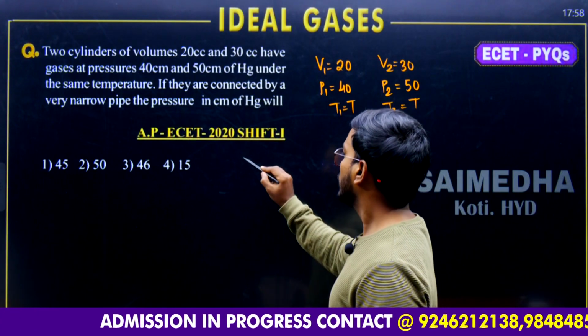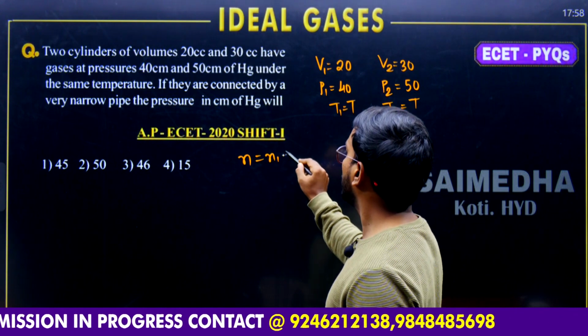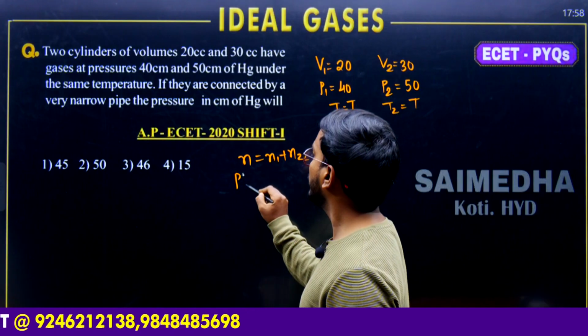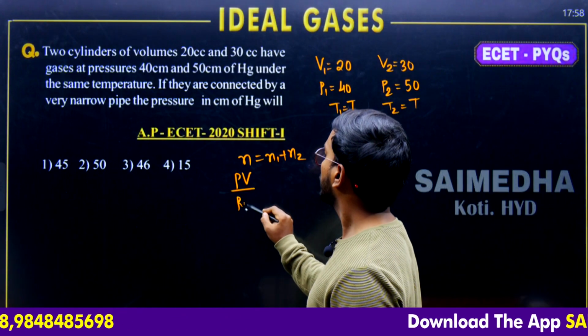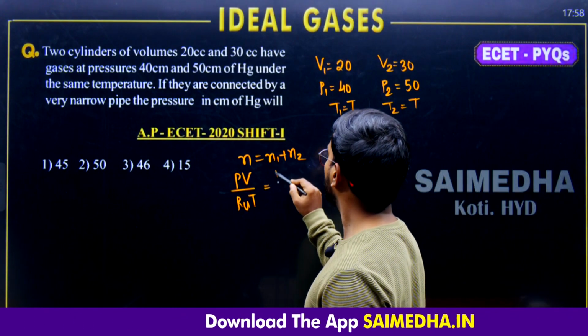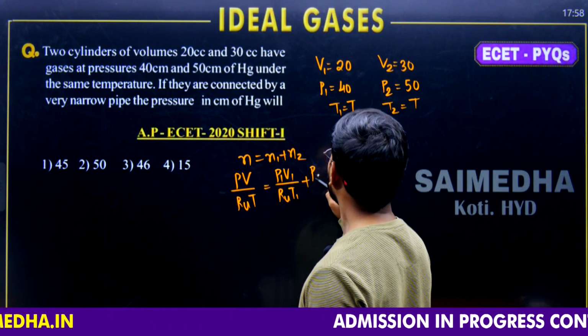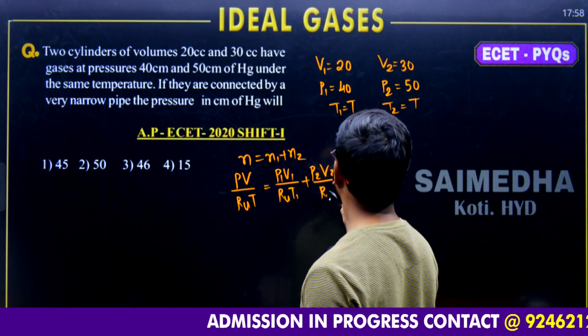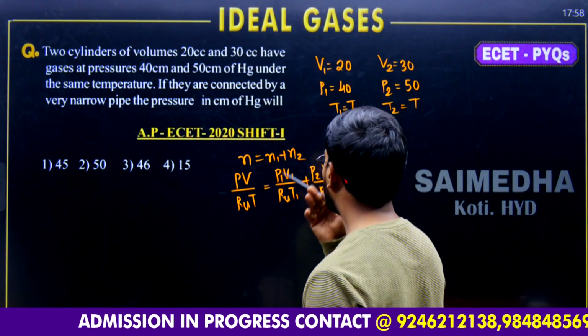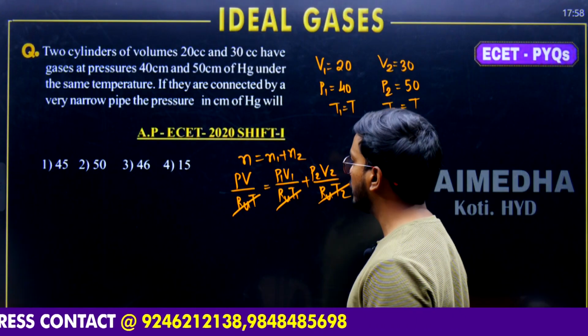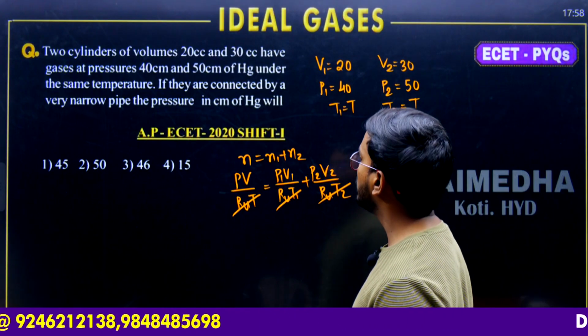That means the total number of moles is N1 plus N2. Number of moles formula: PV divided by RT is equal to P1 V1 divided by RT1 plus P2 V2 divided by RT2. Assuming the temperature is constant, the temperature and universal gas constant get cancelled. The final pressure is what he is asking.